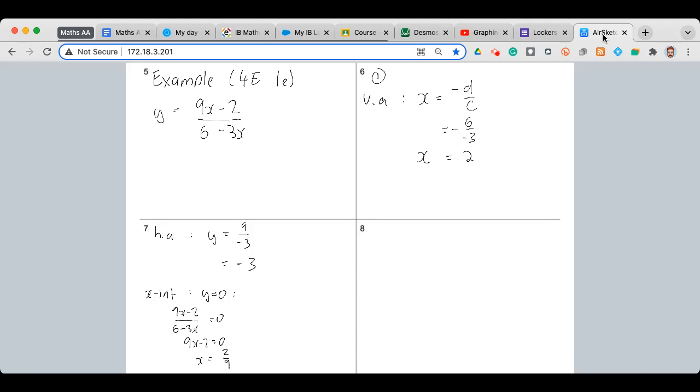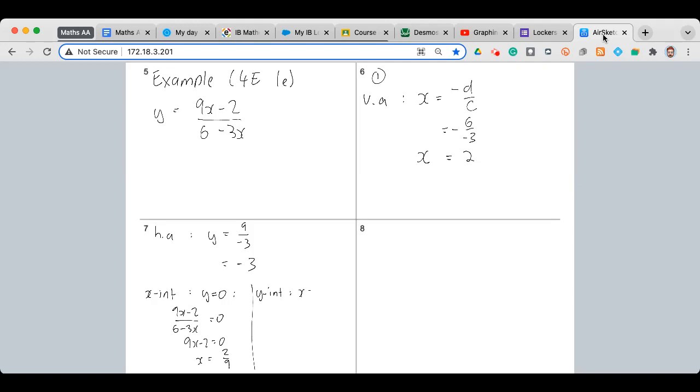I skipped a few steps there to hopefully make it reasonable for you. Okay, let's do the y-intercept on the other side. I'm trying to squeeze into this one slide. So the y-intercept is found when?